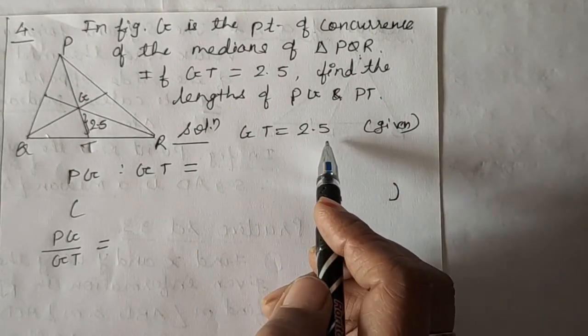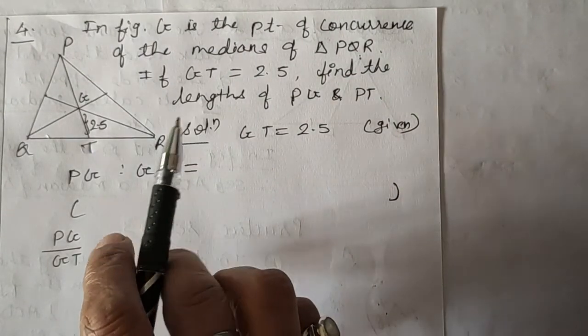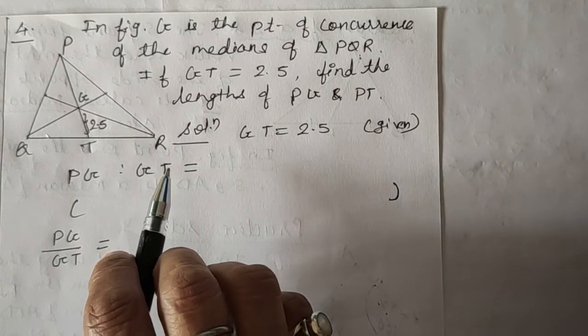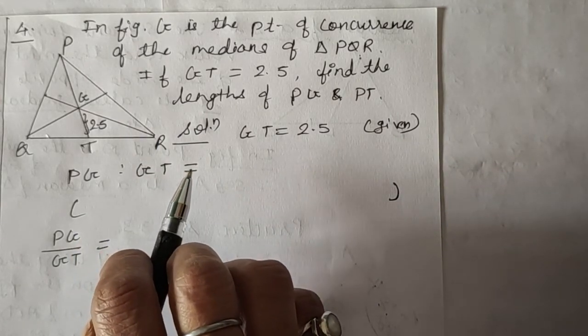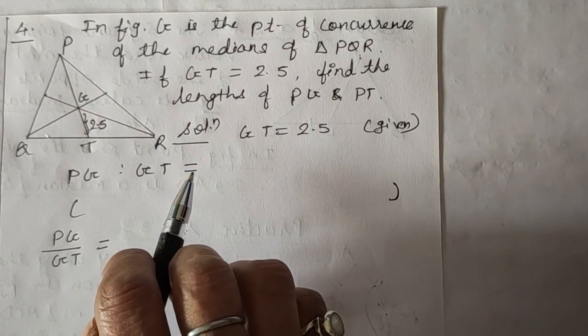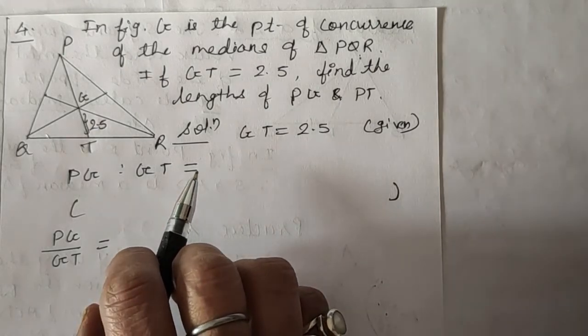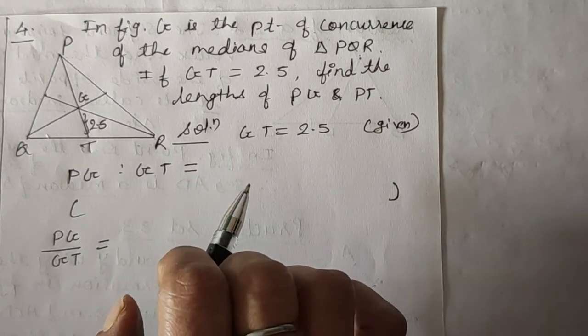Now children, let's start. GT is equal to 2.5, this is given to you, and now we have the very important property, that is the centroid property. What is that? The point of concurrence of the medians of a triangle, that is the centroid, divides each median in the ratio 2:1.